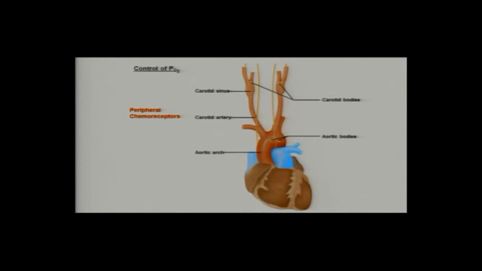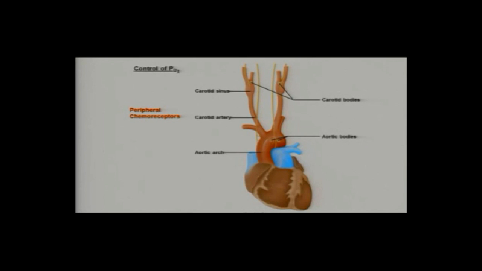Okay. So let's talk about this idea that the brain is receiving information regarding metabolic needs and using it to adjust respiration. Now, there are 3 pieces of information conveyed to the brain and used to adjust respiration. All of this is about the blood.